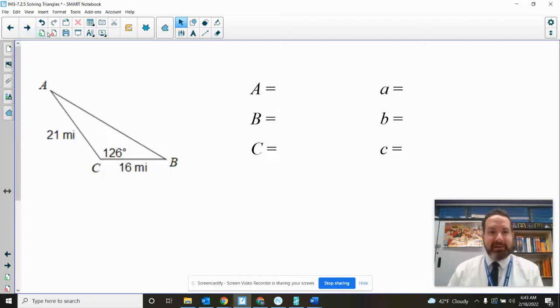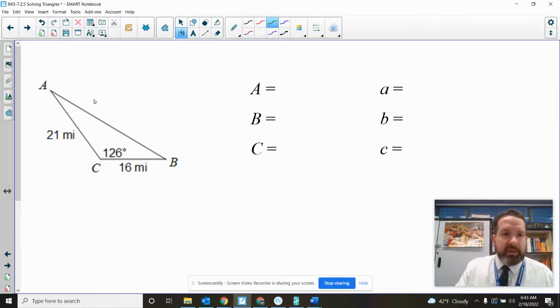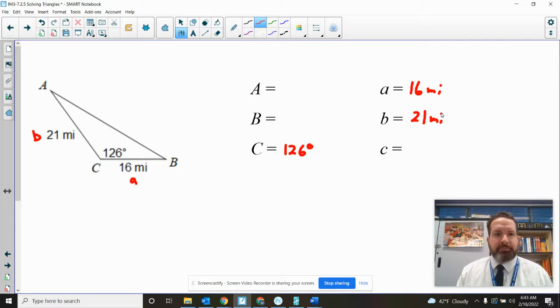Okay, let's go again. This is kind of fun. So next up, let's fill in what we know. I know angle C. I know side A. I know side B. Okay, that's it though. Do we have a set of opposites?